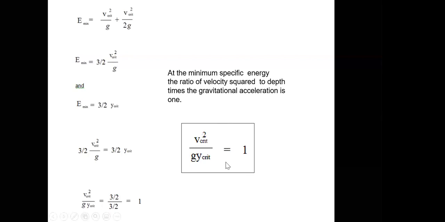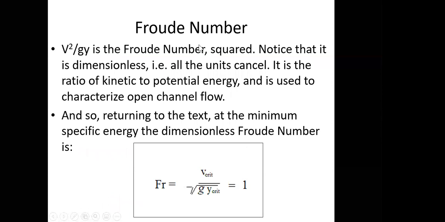So it's really relevant to the Froude number. This also defines what is critical flow, supercritical flow, and subcritical flow, as we defined in the classification of open channel flow previously. So v squared over g y is the square of the Froude number.